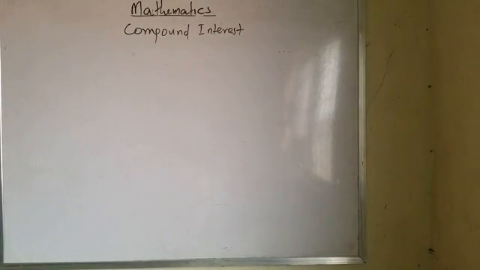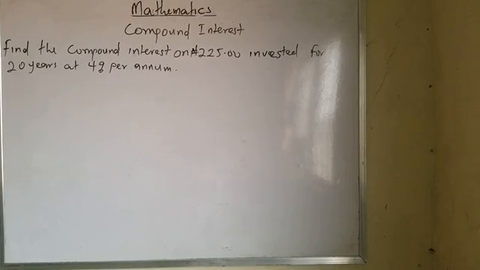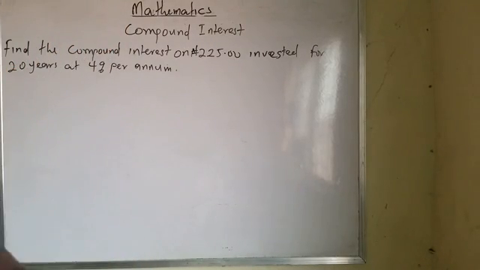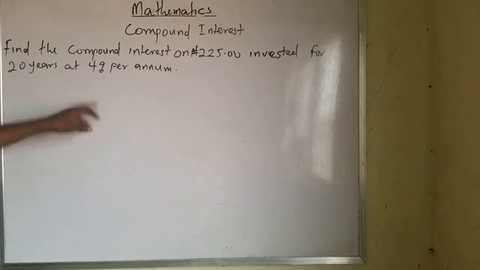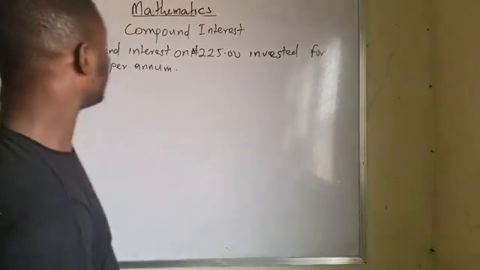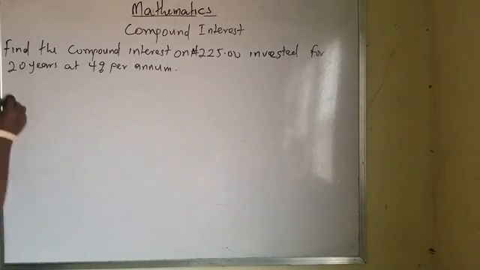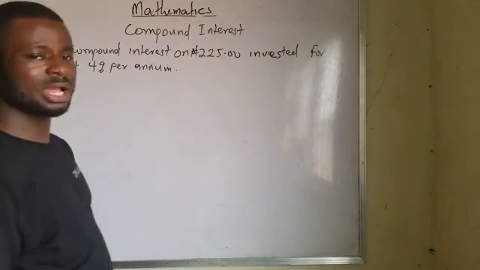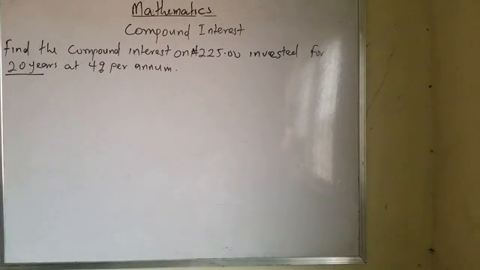Find the compound interest on 225 naira invested for 20 years at 4% per annum. The only problem you are having here is the 20 years, because 20 years is very much for you to handle if you do it without formula.